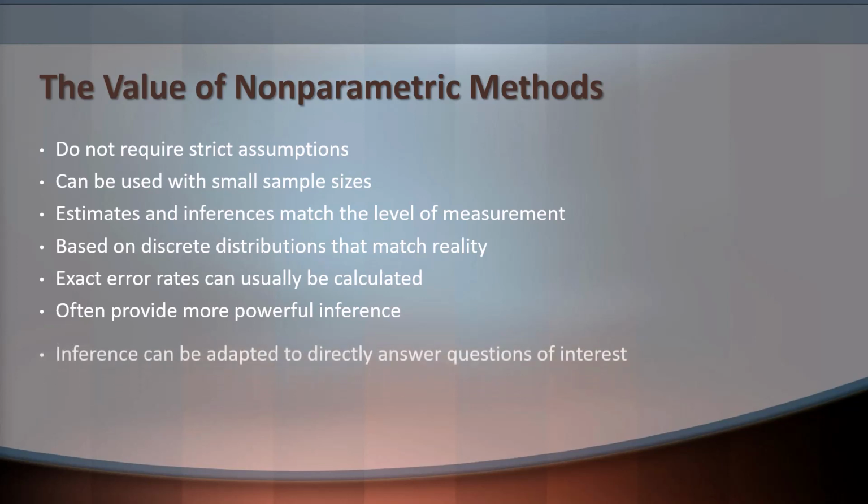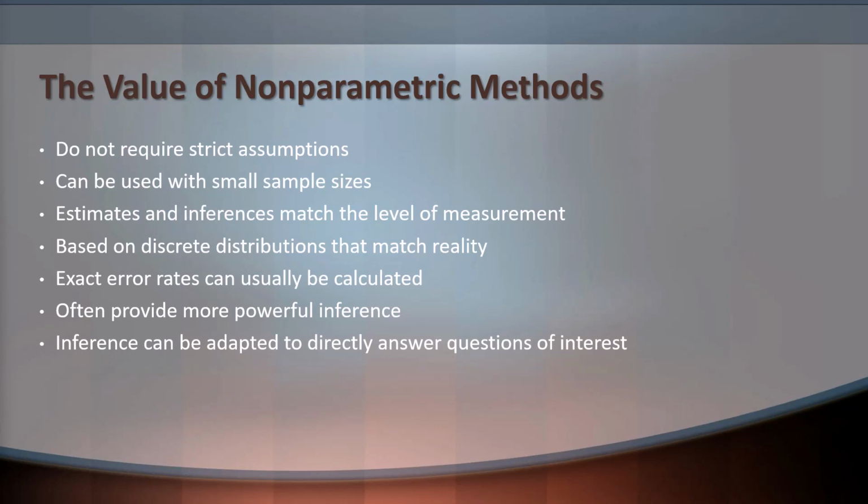And then the inferences we make can be adapted to directly answer the questions of interest. When we deal with parametric methods, we are stuck with certain hypotheses, like, is the mean for the treatment group greater than the mean for the control group? That may in fact be what we're interested in, but maybe not. Maybe we're interested in the proportion of individuals who were helped by the treatment, or whether most individuals were helped by the treatment.